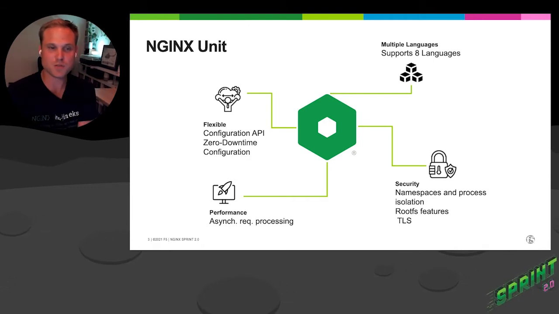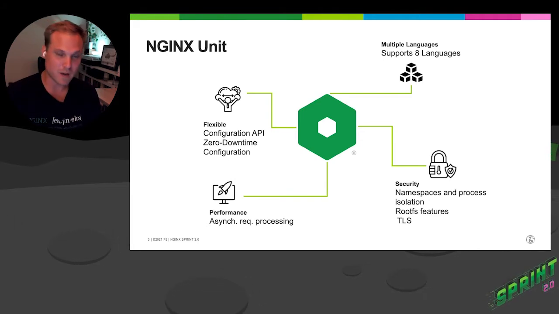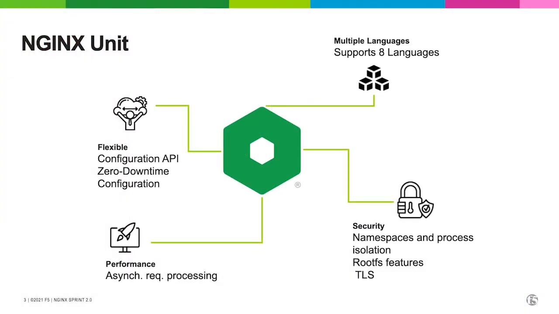So, for example, you mentioned PHP and Ruby, and over that we support Python, Perl, Java, and JavaScript as well. So Node.js is a very common one, or Go applications are very widely used, and all those can be hosted on Nginx Unit beside each other.